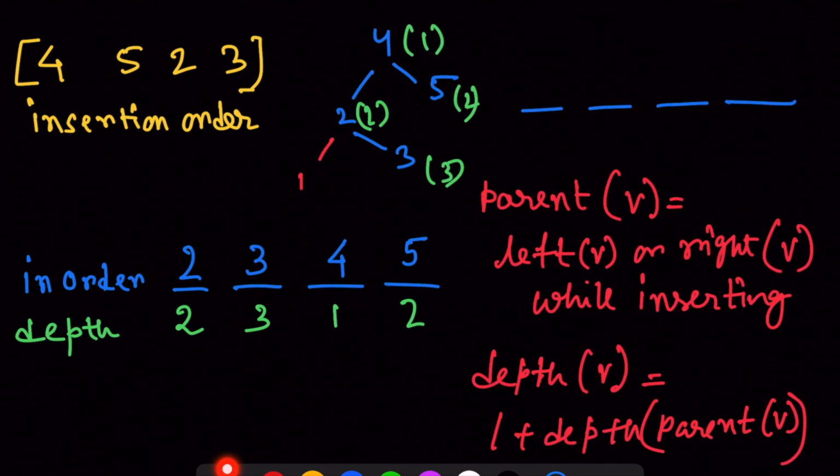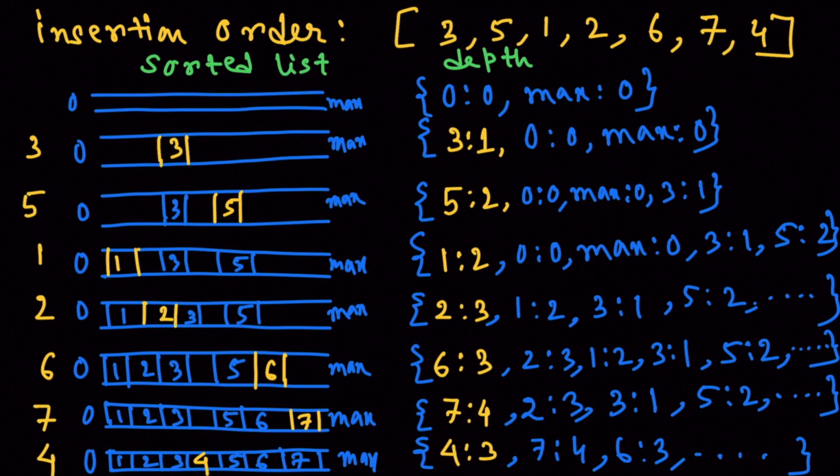Now let's write it properly: the parent of any node will be either left of B or right of B at the moment of insertion, whichever has larger depth. And also the depth of any node will be 1 plus the depth of its parent. Here I am just showing with one example.